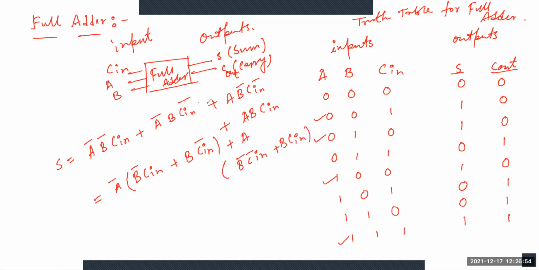Okay, we have just simplified the expression of sum.